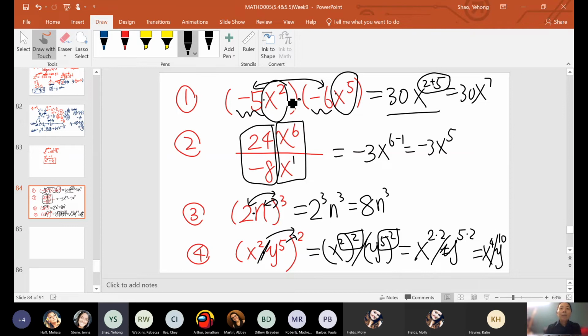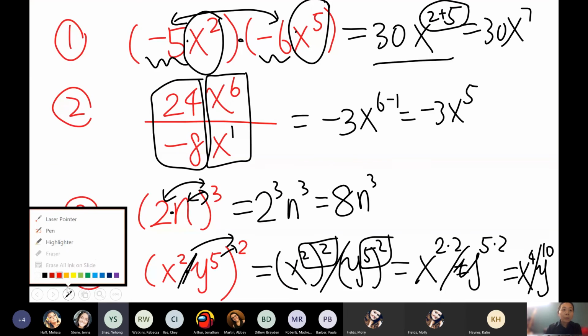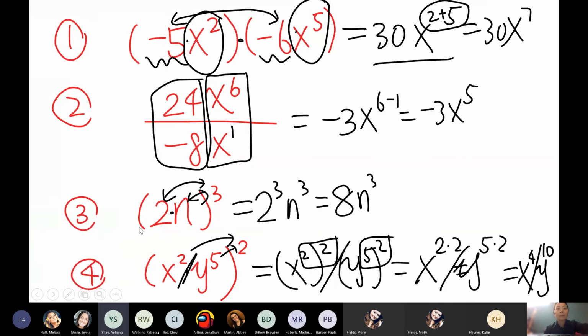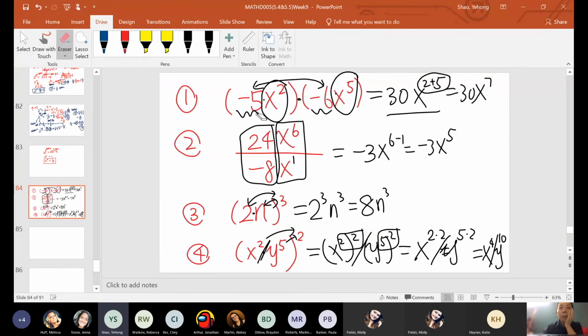Now, what if in the first question, negative 5x squared times negative 6x to the 5th, I change those exponents from positive to negative? I'm going to change this to negative 2 and negative 5. Let me see if I can erase those lines here.